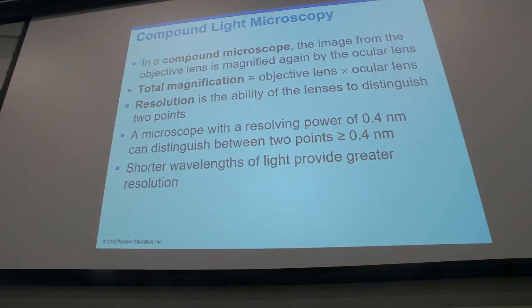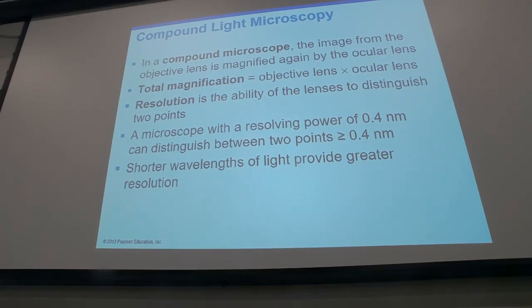And then when you have an object hit by light waves, the shorter the wavelength, the greater the resolution. So for instance, you can have two microscopes, microscope number 1 and microscope number 2.